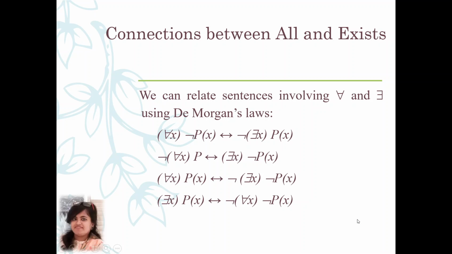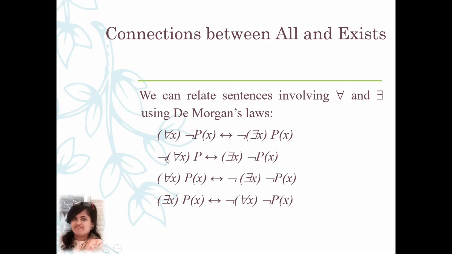Now let us talk about the connections between all and exists. We can relate sentences involving universal and existential quantification using De Morgan's laws. So that is the way you can represent. If this is true, then if and only if this is true, this also holds. Here the not form is there. So it is for all x; if you take the not here, then it will be for some x.